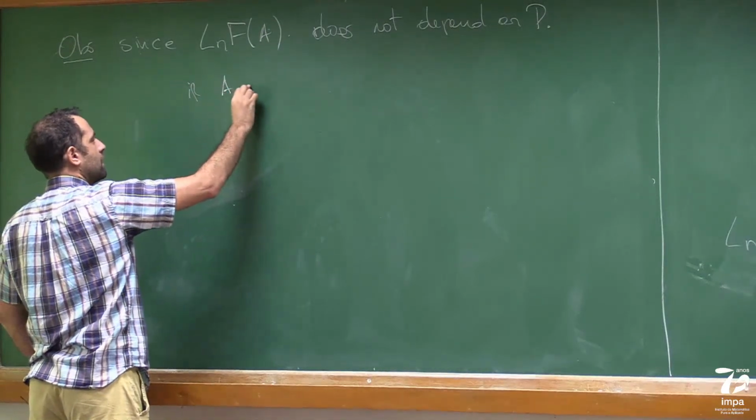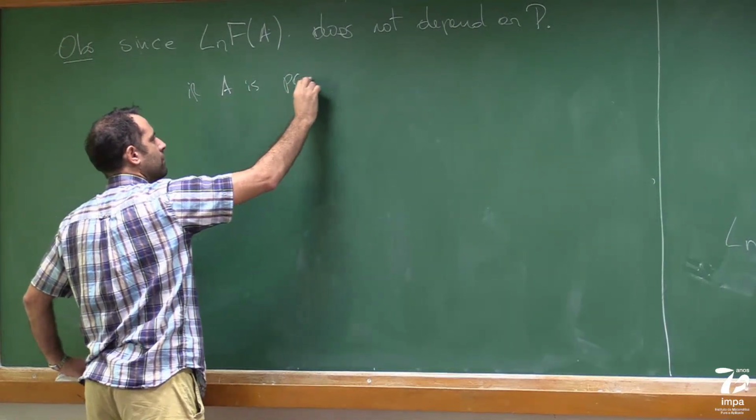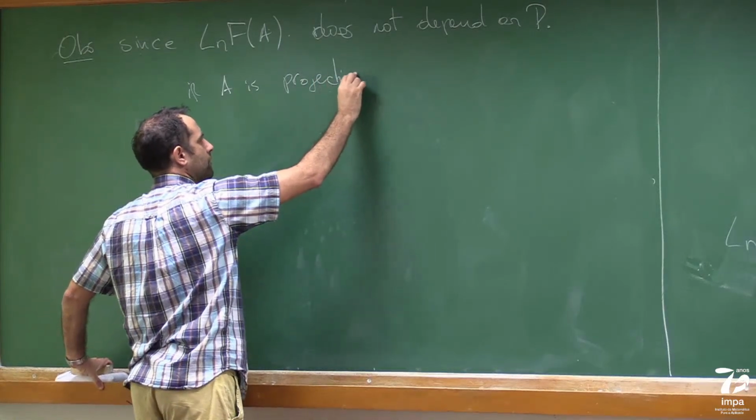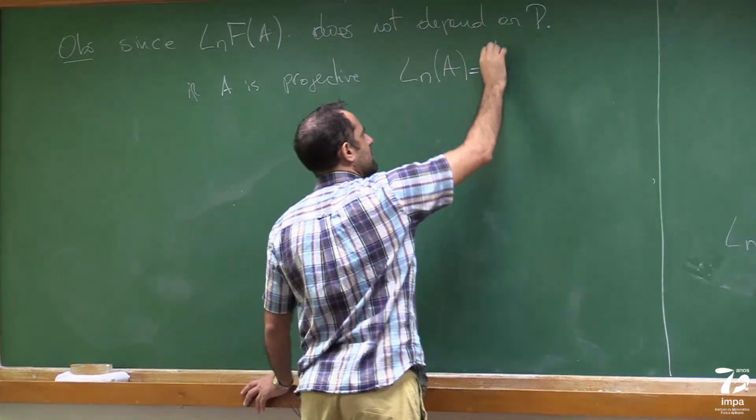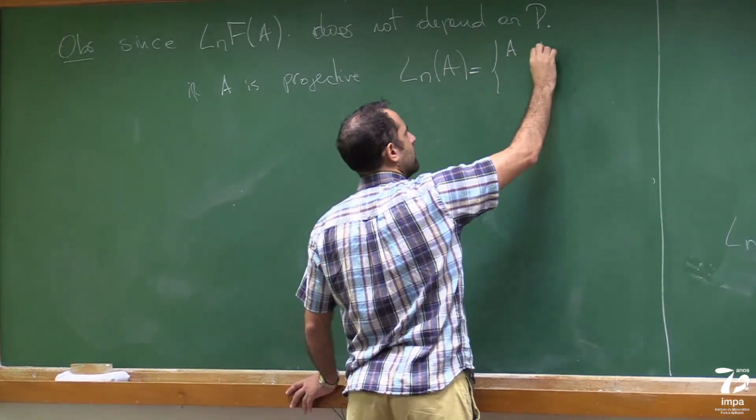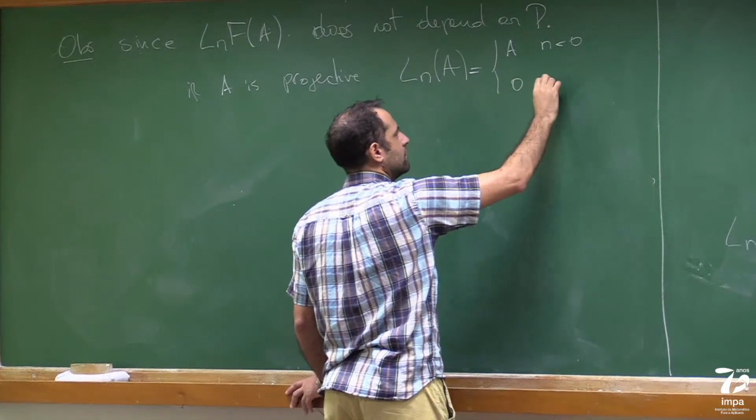If A is projective, then L_n F of A is equal to F of A if n is equal to 0, and 0 if n is non-zero.